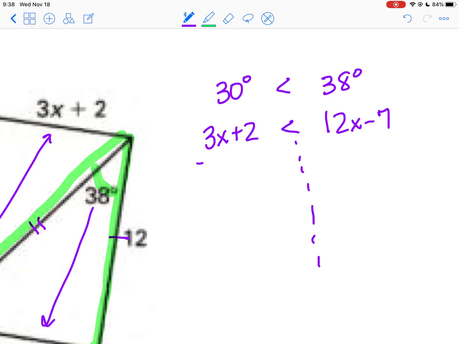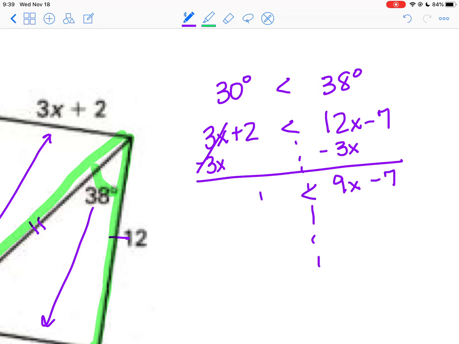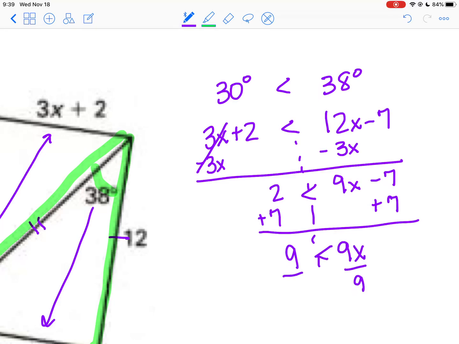So I can move anything. I'm going to choose to move this 3x first. So I'm going to subtract 3x from both sides. That's going to keep my coefficient positive so that I don't have to worry about that extra rule of dividing by a negative. So I have positive 2 is less than 9x minus 7. So I'm going to add 7 to both sides. And I have that 9 is less than 9x.